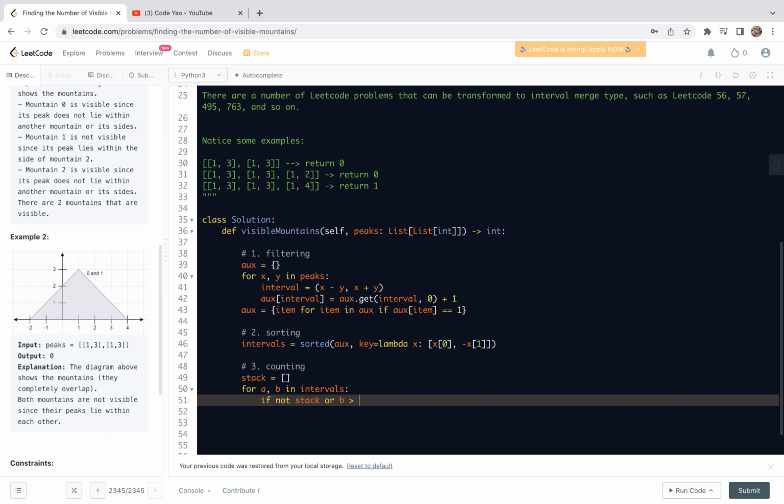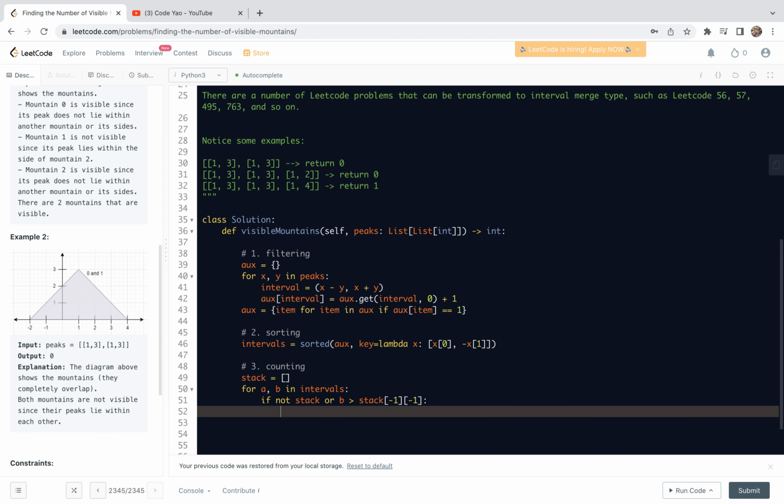Then we just need to check if the current end is greater than the stack top end or not. If this is the case, we add the current interval into the stack. Otherwise, if b is less than or equal to this expression, it means the current mountain is hidden by the previous mountain in the stack, so we do not need to add it to the stack.